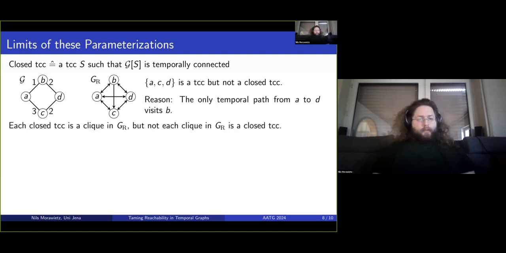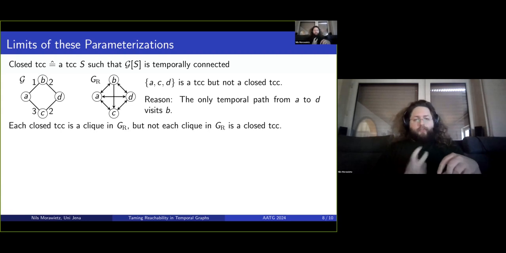And here the main property that is a problem for closed components is that each closed TCC is an open TCC, so a bidirectional clique in the reachability graph, but the inverse does not hold anymore. So it's not an equivalence anymore.